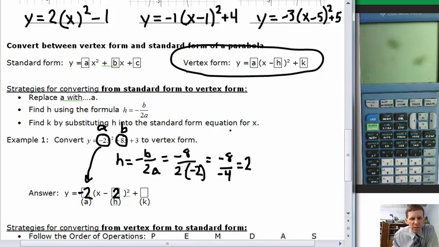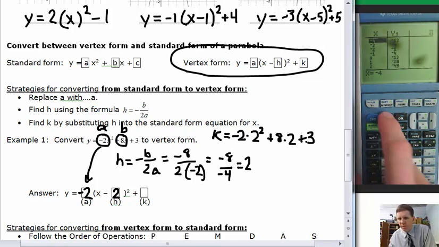To find k, we substitute this value into the standard form equation. We're going to take this 2 and plug it into this little expression right here. That's going to be what k is. So it's negative 2 times that x, but we're going to replace the x's with 2's: 2 squared plus 8 times 2 plus 3.